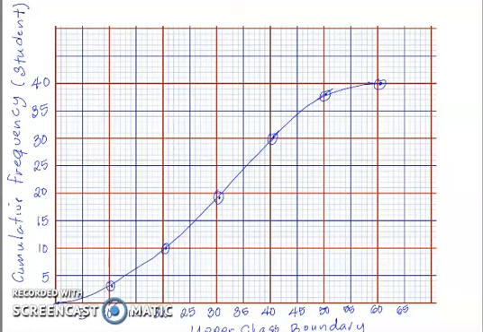First, the median is the amount of money the student in the middle spent. Half of 40 is 20. So this is n over 2, n being 40, over 2, which is 20.